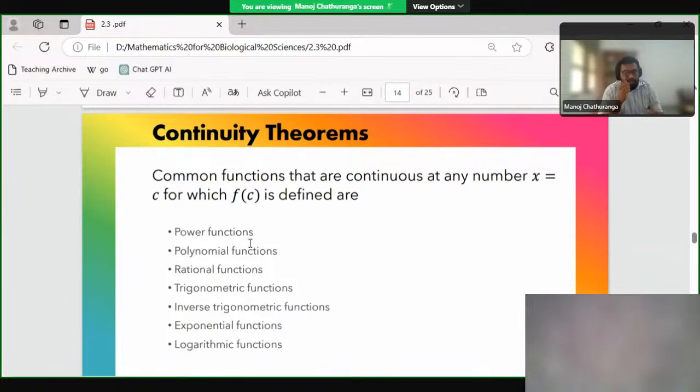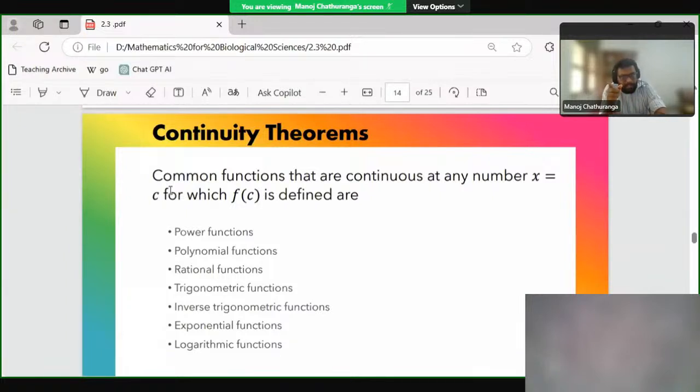Power functions. So that includes simple functions like x squared, x to the third power, x to the fourth power, x, 1 over x.